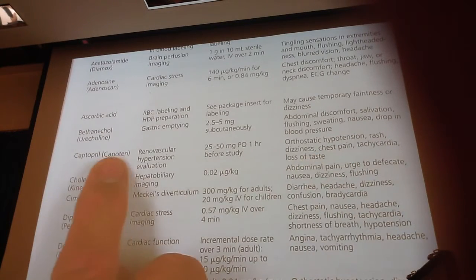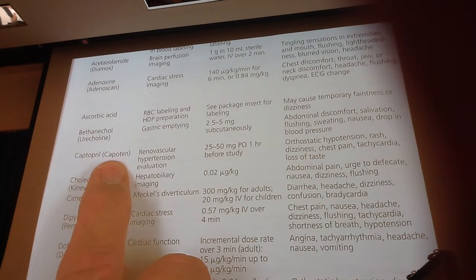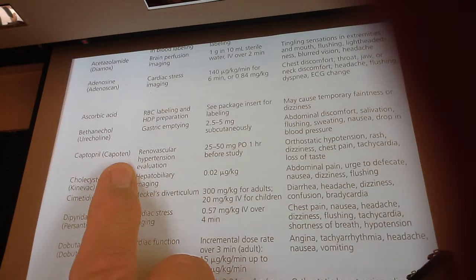What would you be giving a patient captopril for? For a renal scan? Okay, for a renal scan, and what specific pathology are you looking for? They have hypertension, but this is a drug that helps us diagnose renal artery stenosis.